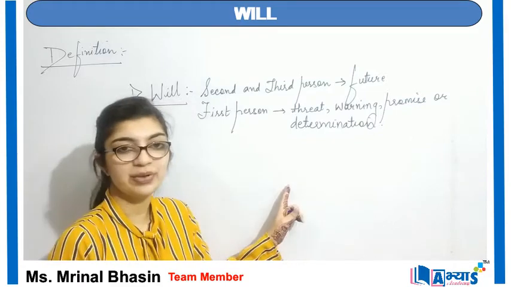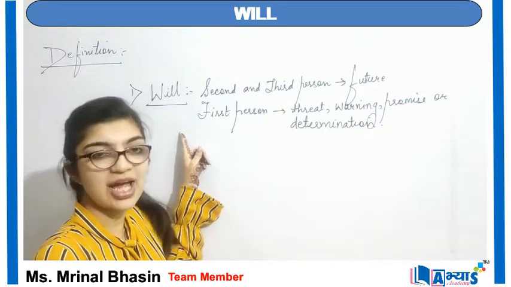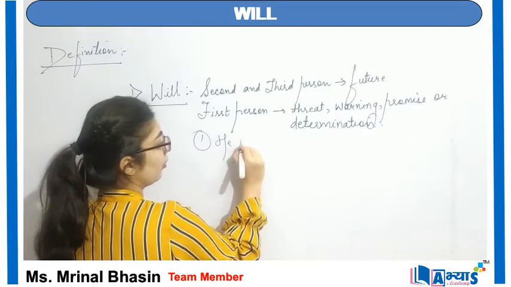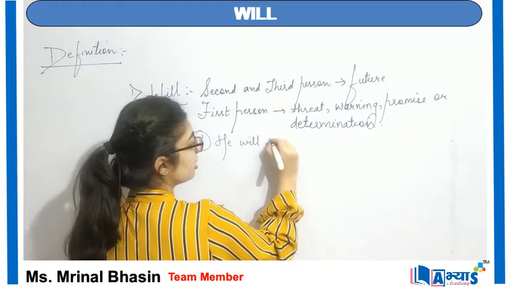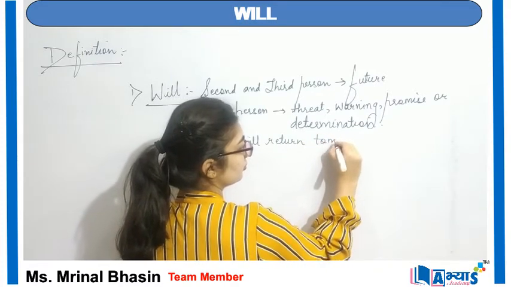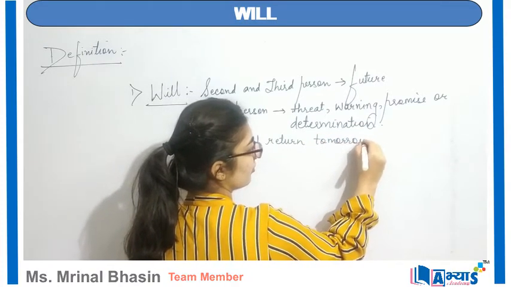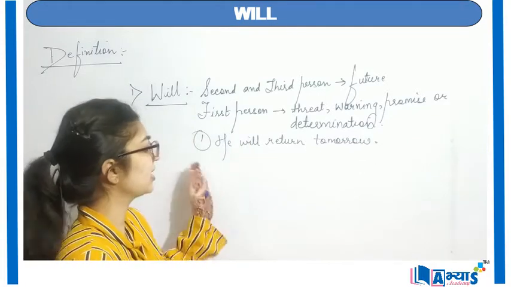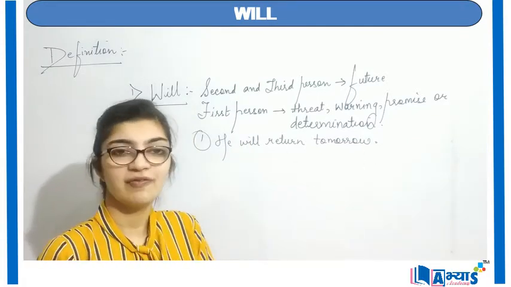Now, an example of the usage of this type of will can be, he will return tomorrow. Now this is a simple future tense, that he will return tomorrow. वो कल वापस आएगा.